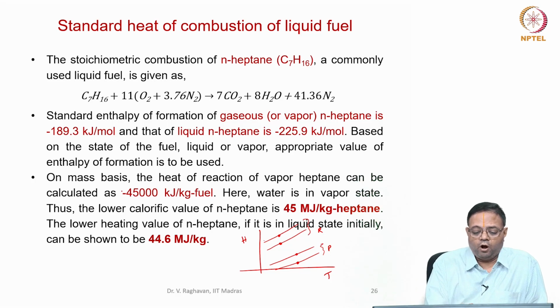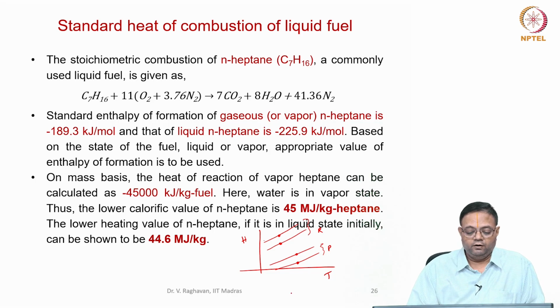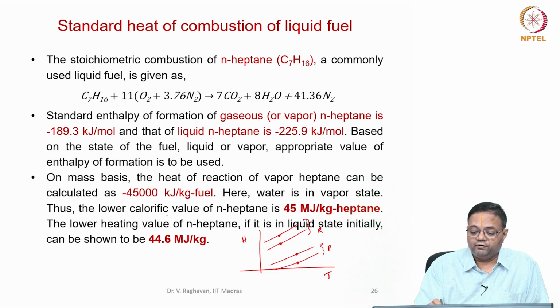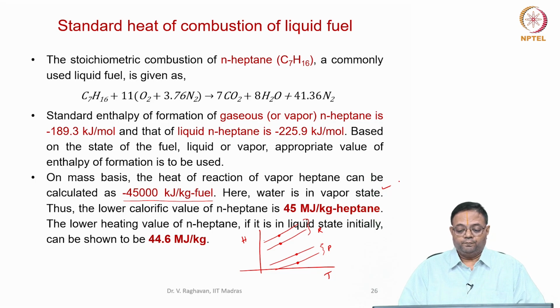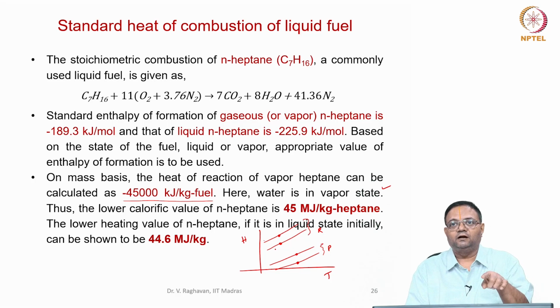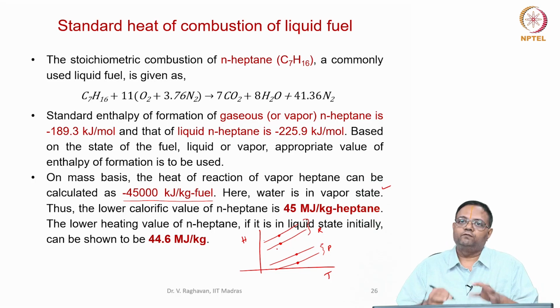So, now on mass basis, the heat of reaction of vapor heptane can be got as minus 45,000 kilojoule per kg of fuel. Here the water is in vapor state. So, I am coming from the vapor state reactant to water which is also in vapor state. This is 45.